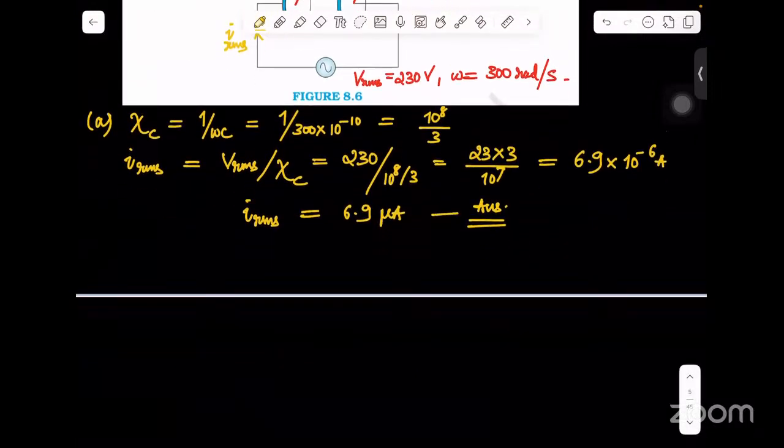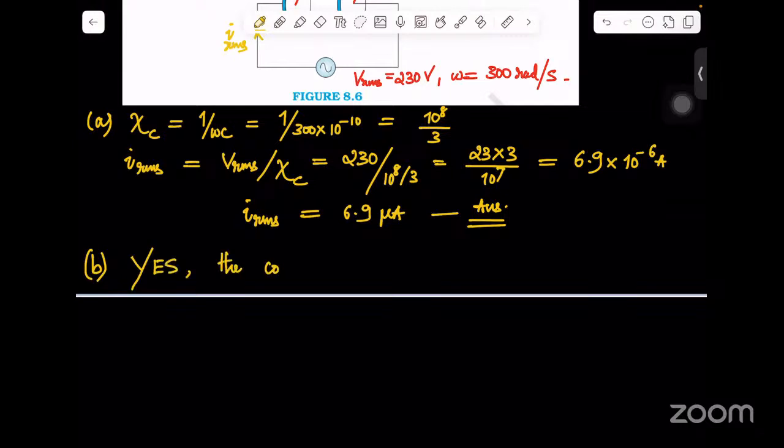The answer is yes. The conduction current is always equal to the displacement current.